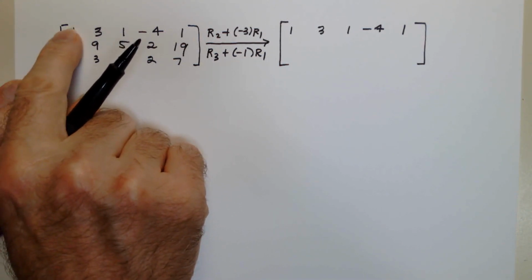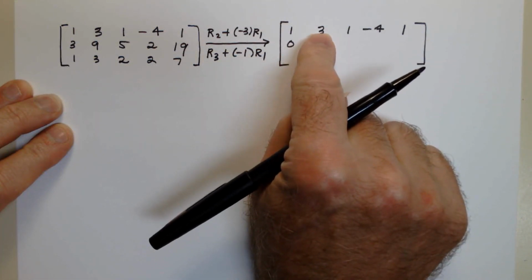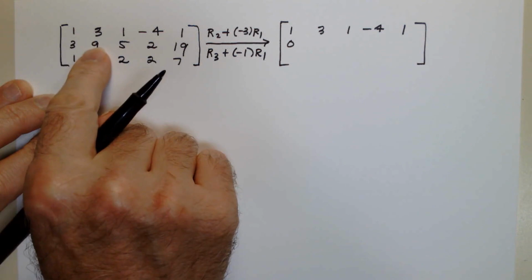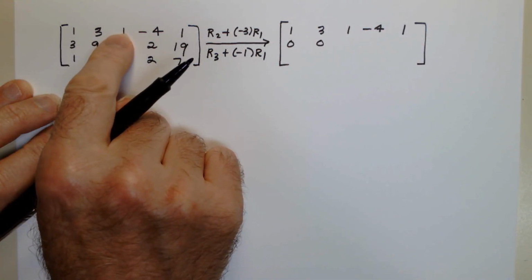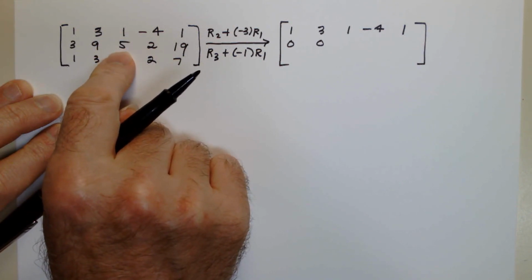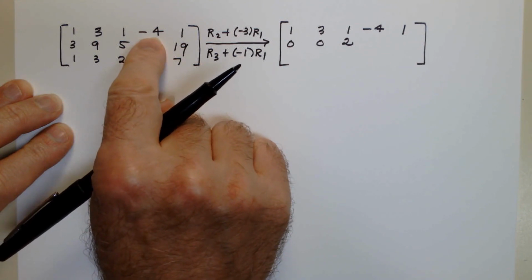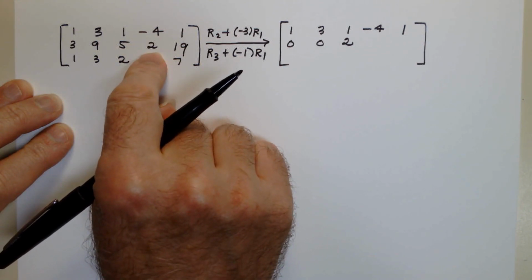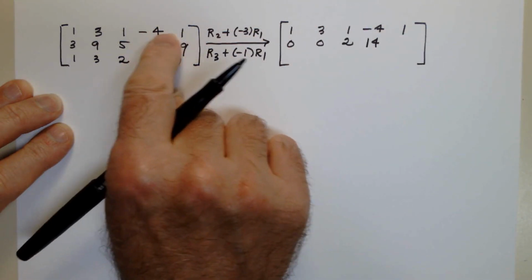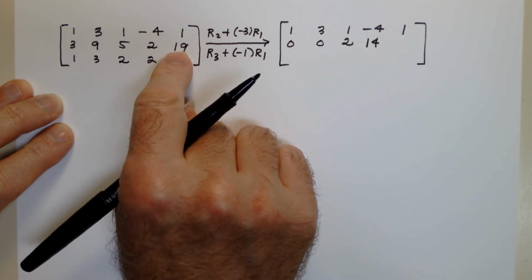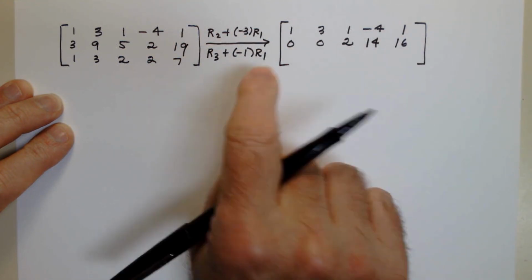So this will be -3 times 1 added down, that's going to be 0. -3 times 3 is -9 added down onto the 9 is going to be 0. -3 times 1 is -3 added onto the 5 is 2. -3 times -4 is -12 added onto the 2 is 14. -3 times 1 is -3 added onto the 19 is 16. And so that's the new row 2.